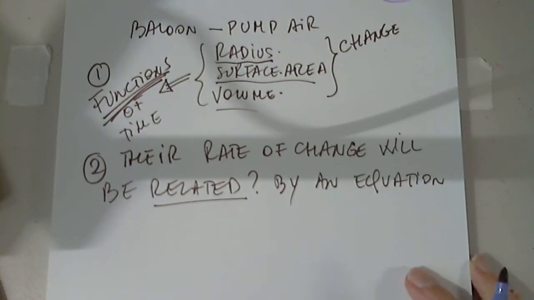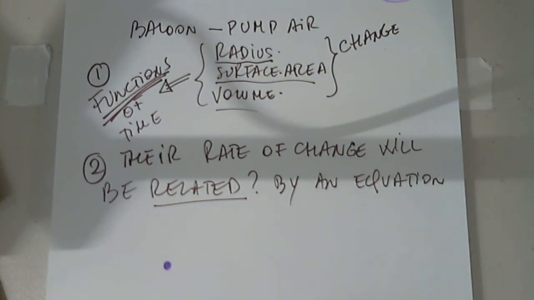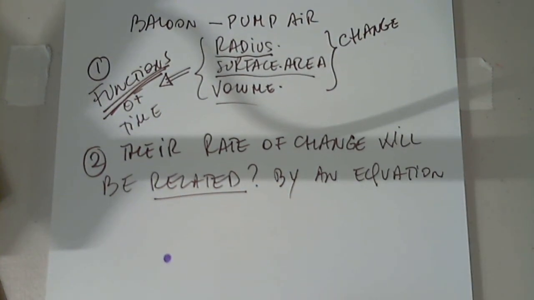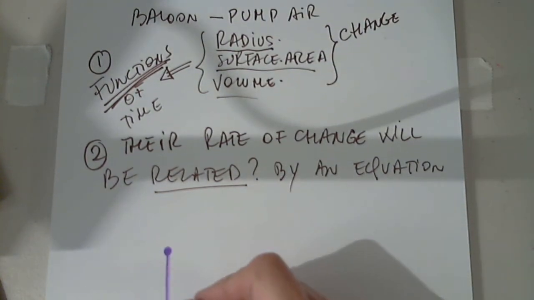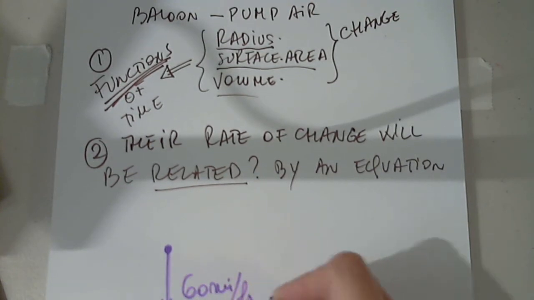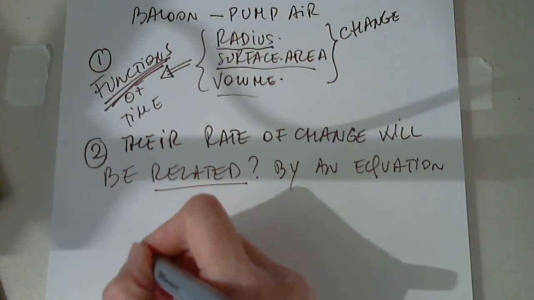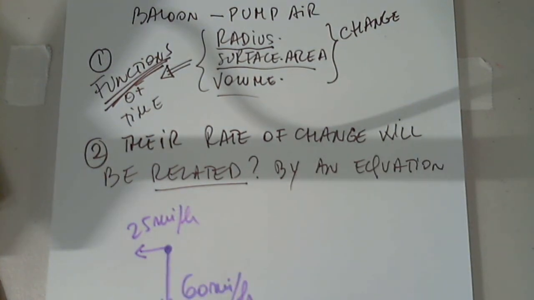Yeah, so let's take a look at the following. We have two cars that start at the same point. One will travel south at a rate of 60 miles per hour. And the other one will travel west at a rate of 25 miles per hour.